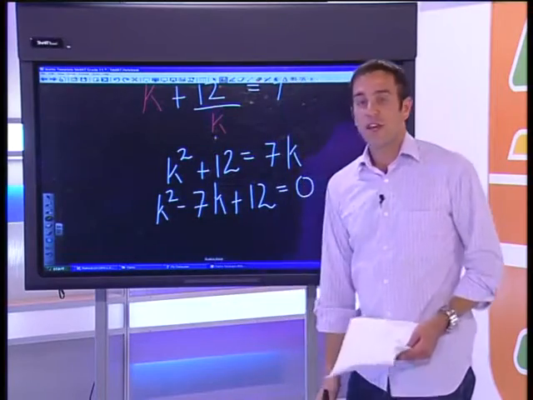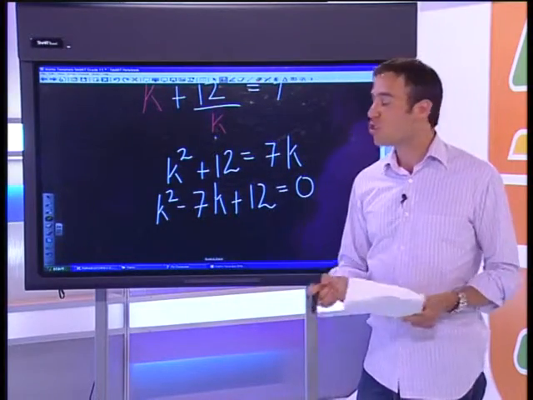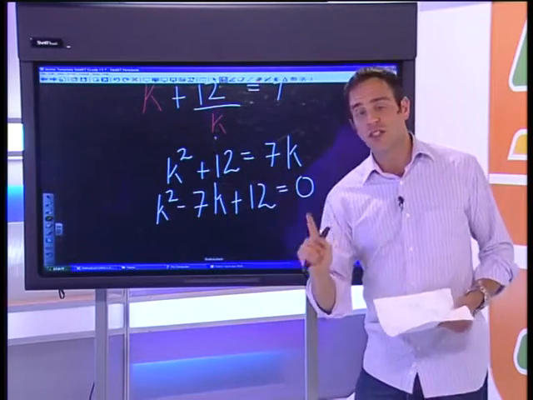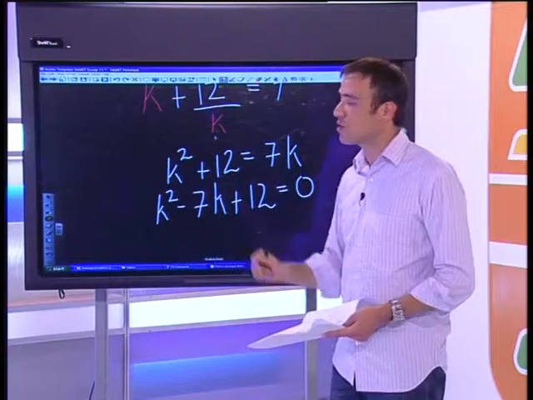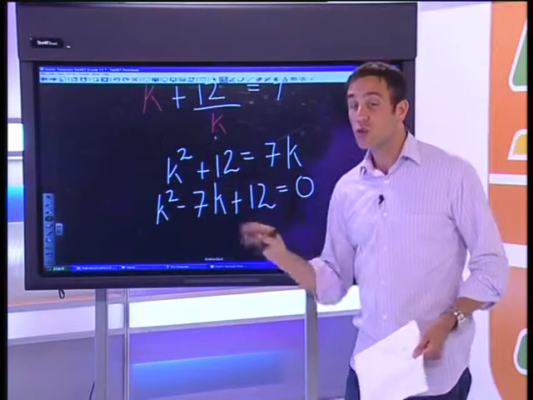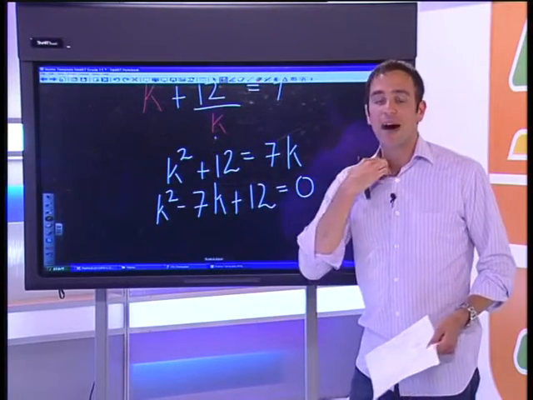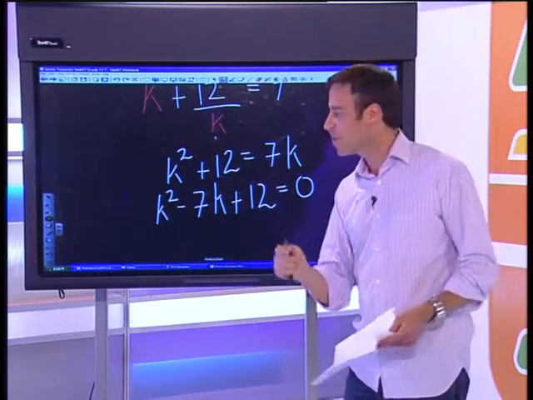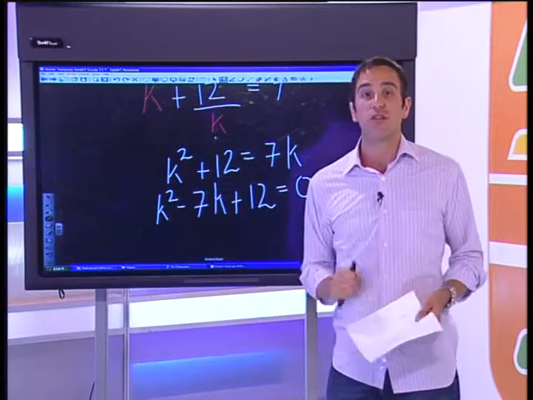Now, if you can't see that this thing factorizes quite nicely, why? Because factors of 12 that'll give you 7 are 4 and 3. So this one does factorize. But if your factorization is a little bit shaky or you really want to be sure, go ahead and plug this into the quadratic formula.